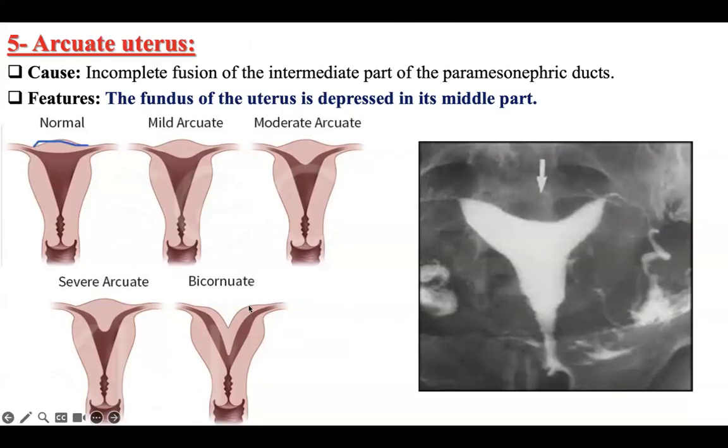Here the fundus is depressed, like a crescentic shape. This is the uterus, this is the tube, this is the cervix. But here only one uterus, and the fundus of the uterus is depressed. If the fundus is depressed, it is named arcuate uterus.